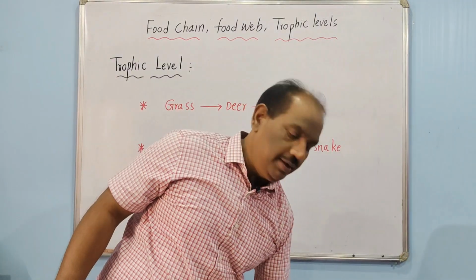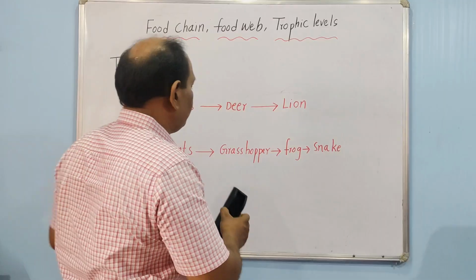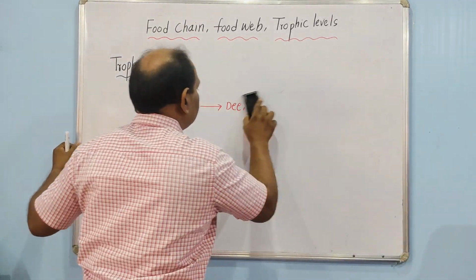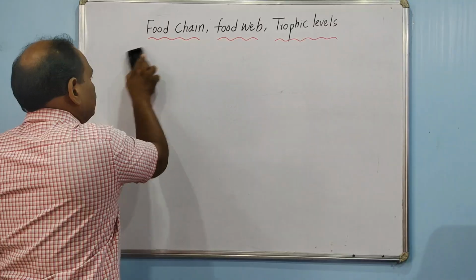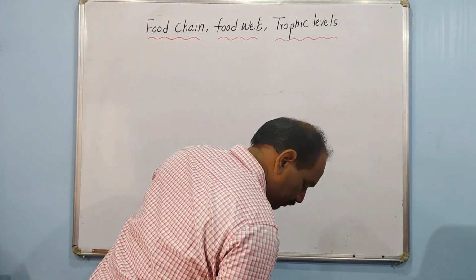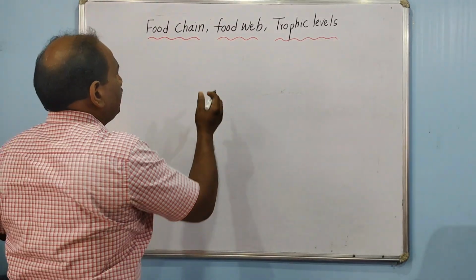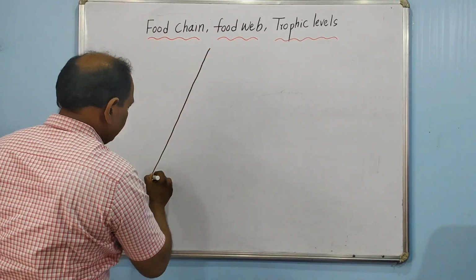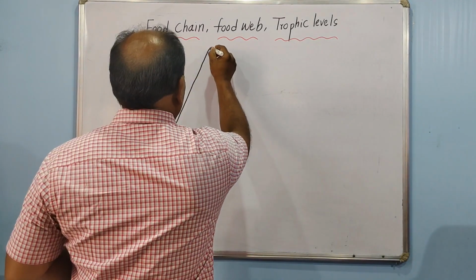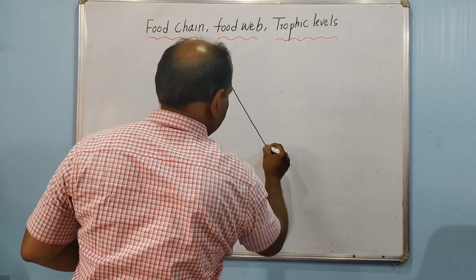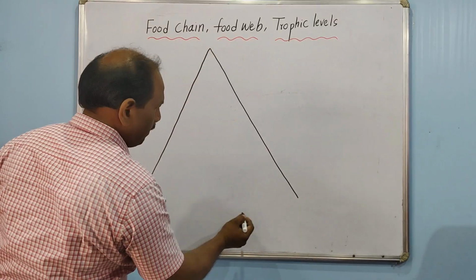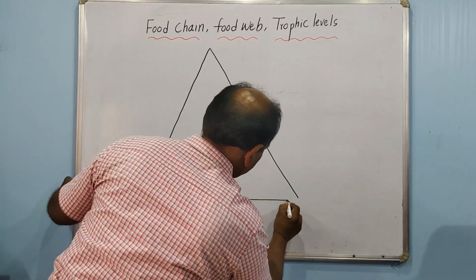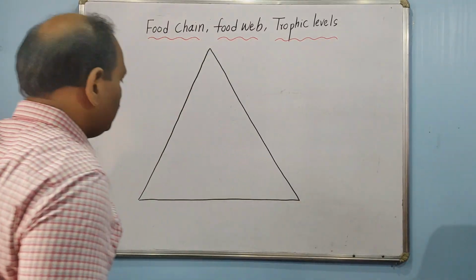So let me draw a pyramid regarding trophic levels. I want to draw a pyramid to explain about trophic level.